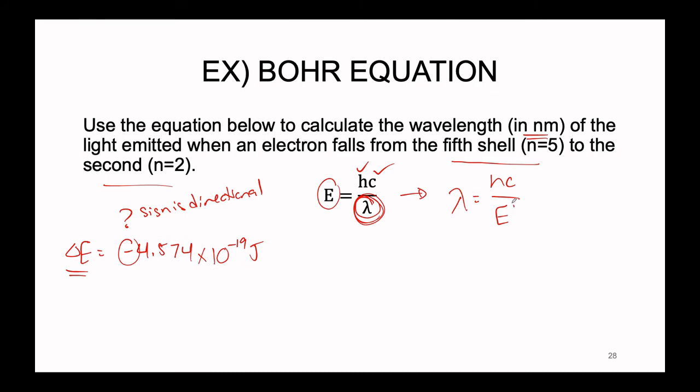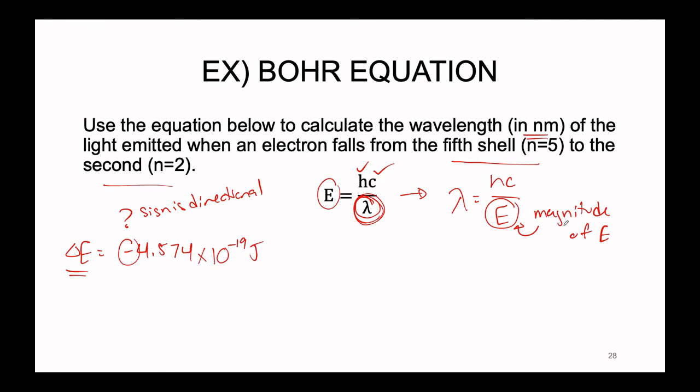And we only need to know the magnitude of energy in order to plug this into the equation and find our wavelength. What this means at the end of the day is that this delta E with its negative sign being directional is all well and good, but the E that we plug into our equation up above to solve for wavelength is an absolute value.